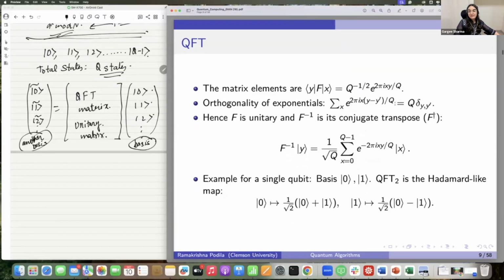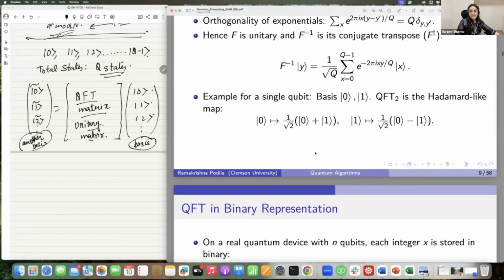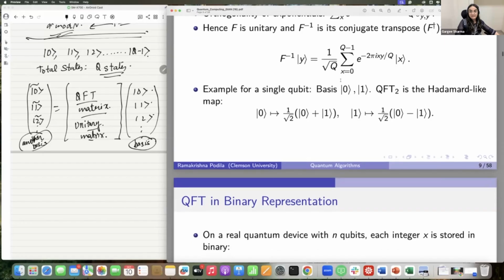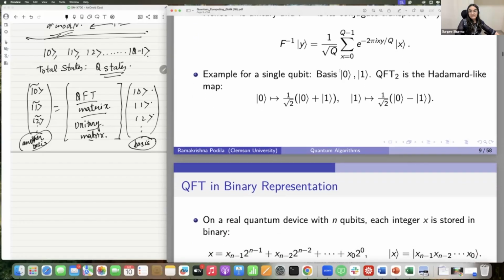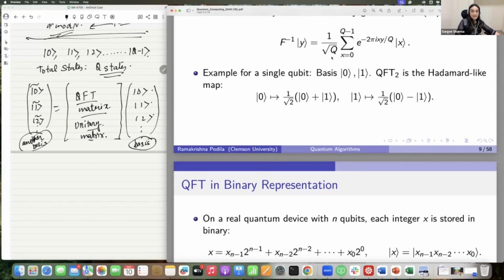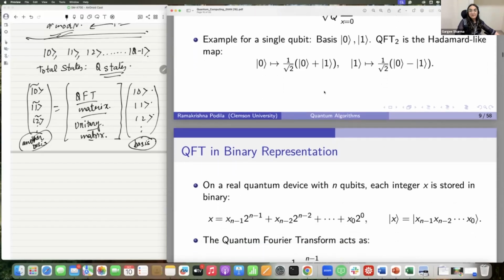Then you can use this particular identity to show that your F is a unitary matrix. So that's why this QFT matrix is unitary. It's just a couple of steps in algebra, and then you can prove that F must be a unitary matrix.